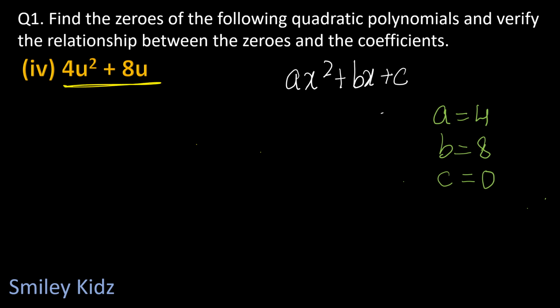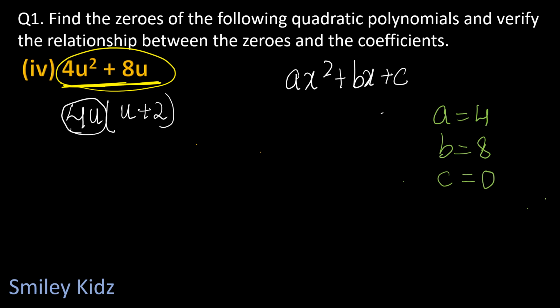Now out of this 4u square plus 8u, we don't have the constant term. So we're not going to split the middle term, right? That's not going to work. So here we're going to take something common. We can take 4u common and we'll be left with u plus 2, isn't it? Now 4u must be equated to 0 and u plus 2 must be equated to 0.